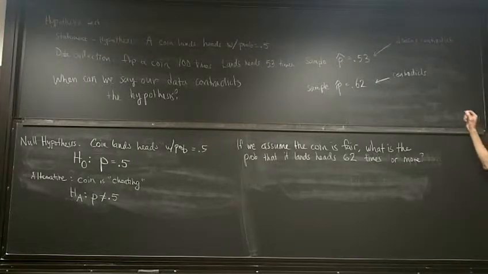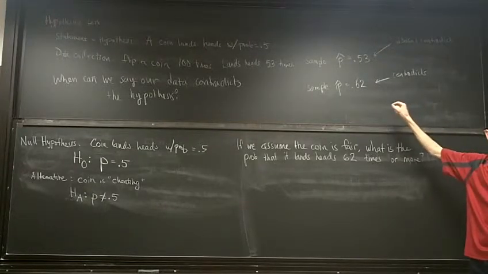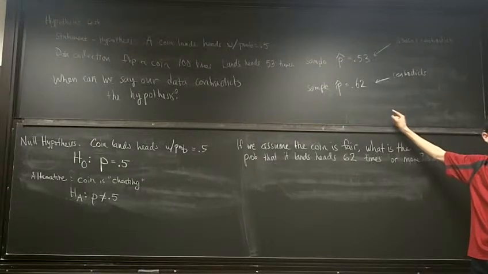Because if the coin lands heads 62 times, then that raises your suspicion about whether the coin is fair or not.